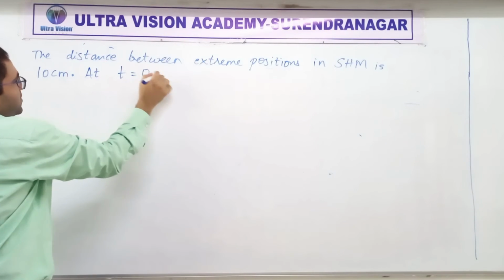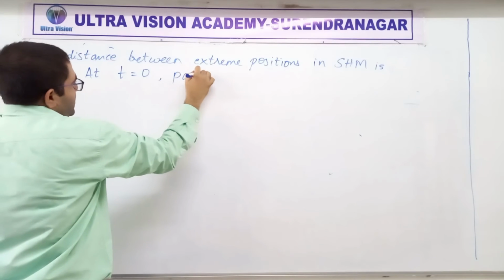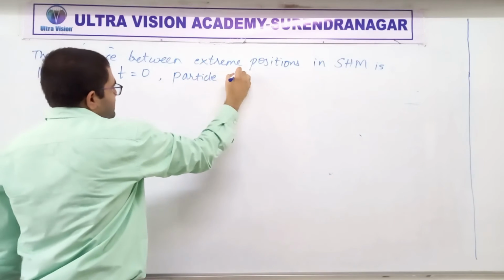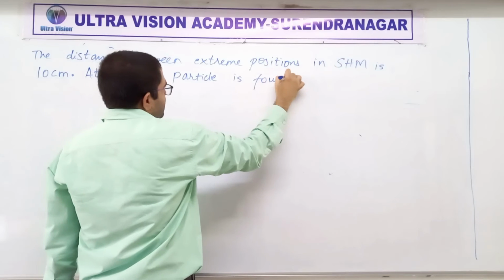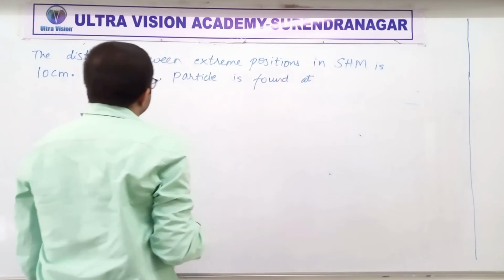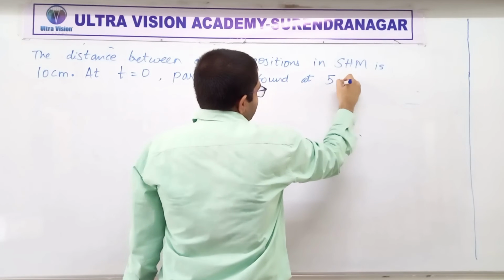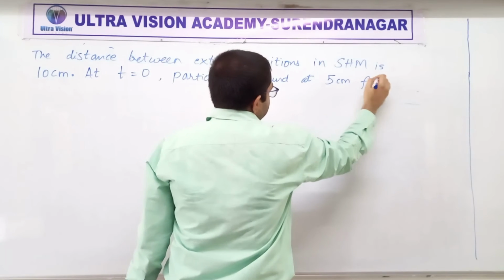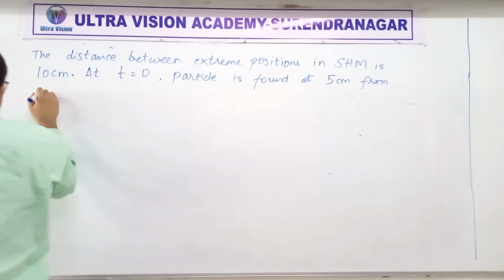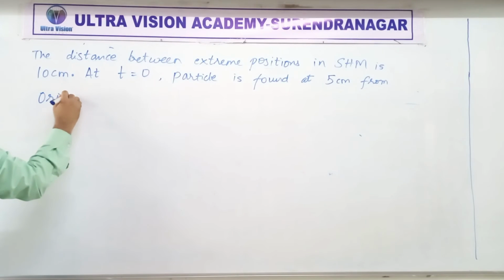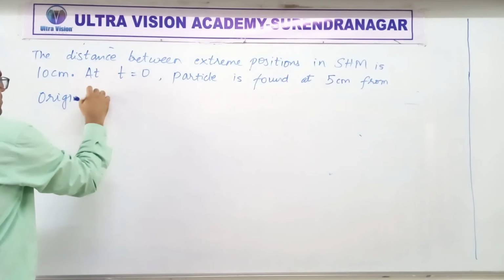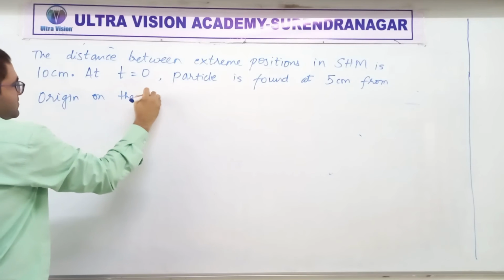At t equal to 0, particle is found at 5 centimeter from origin on the positive side.